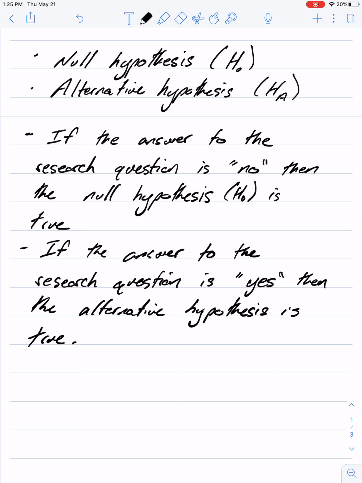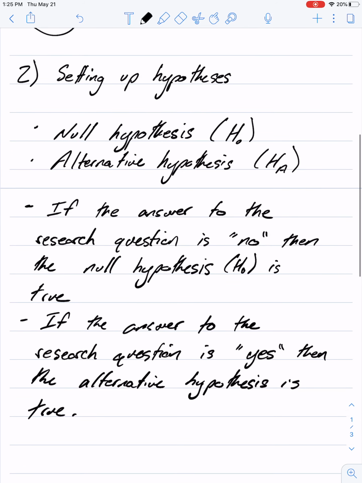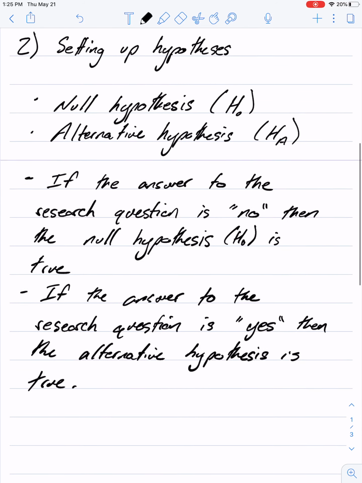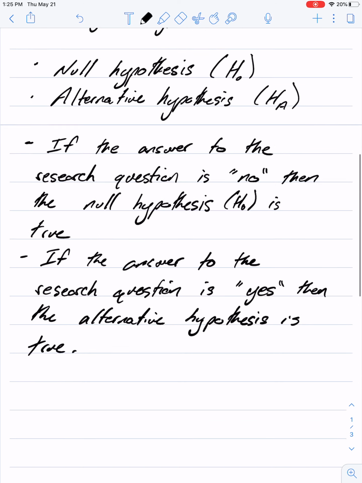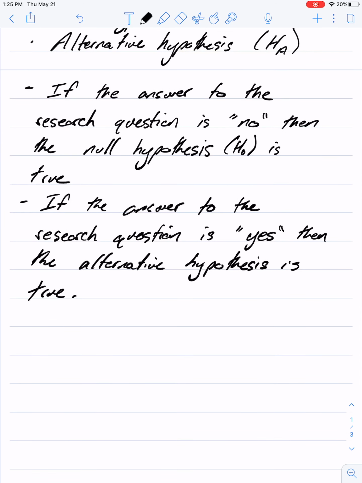So these are opposite situations. The null hypothesis and the alternative hypothesis characterize different or opposite situations. And basically what setting up hypotheses is, is writing these ideas down, but in mathematical notation.